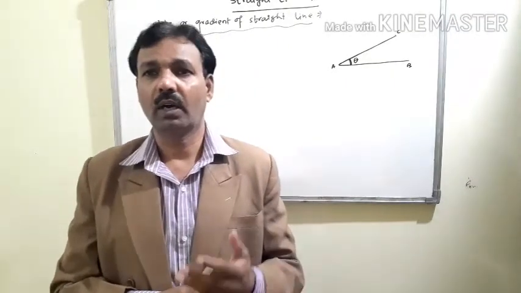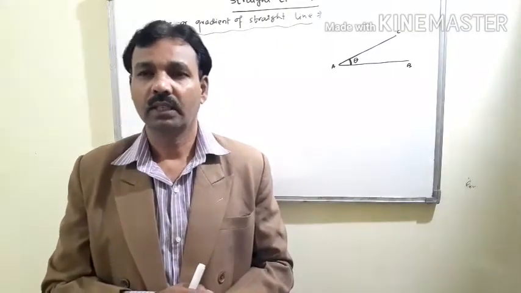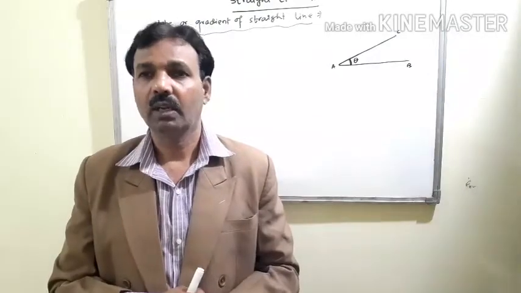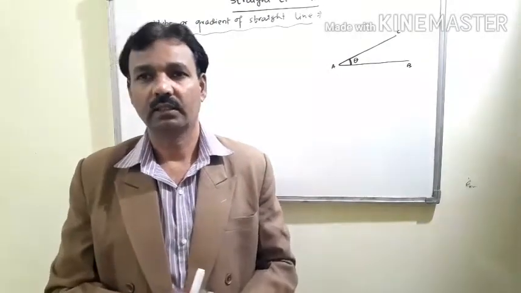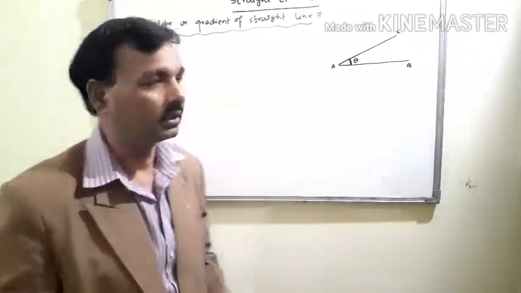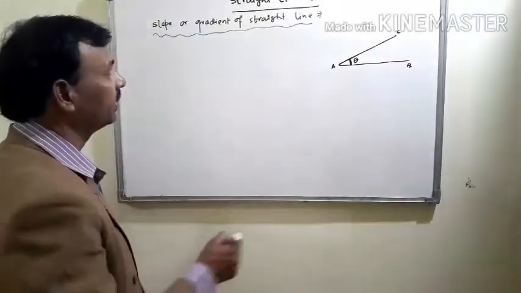Slope or gradient of a line is represented by small m or tan theta, that means m equals tan theta.